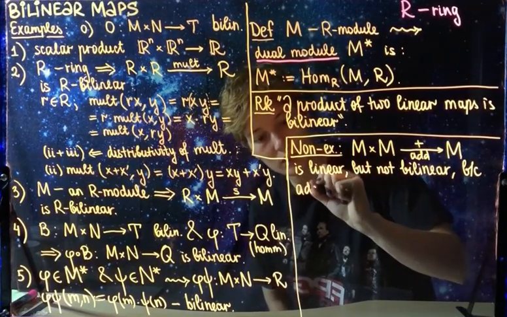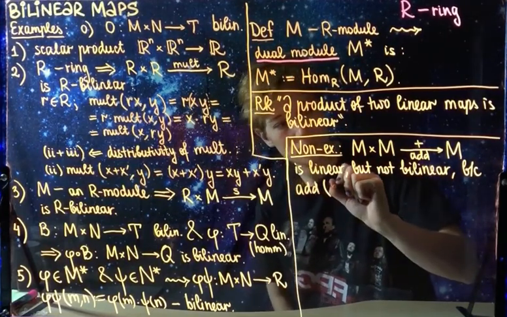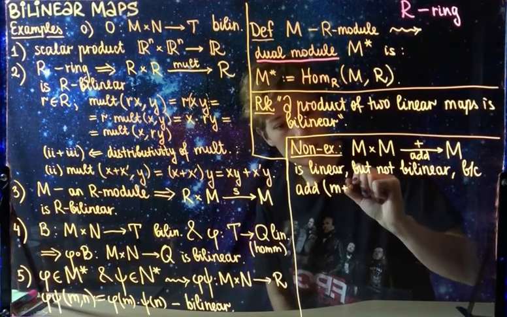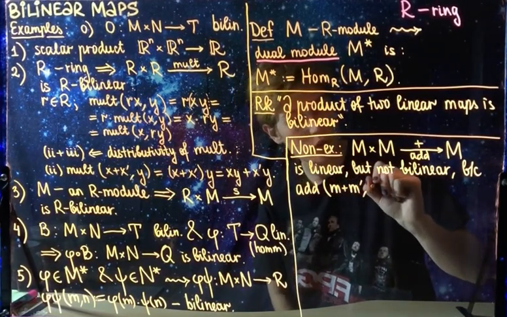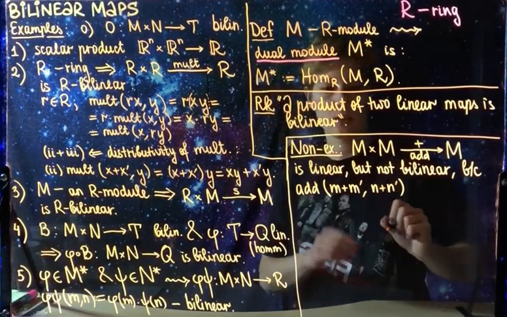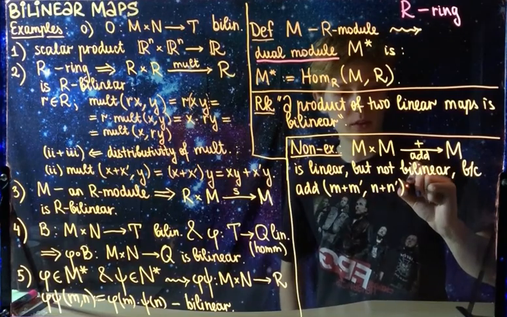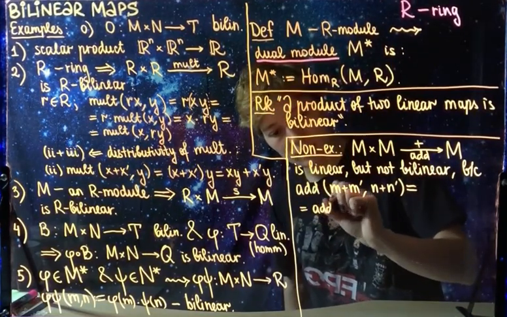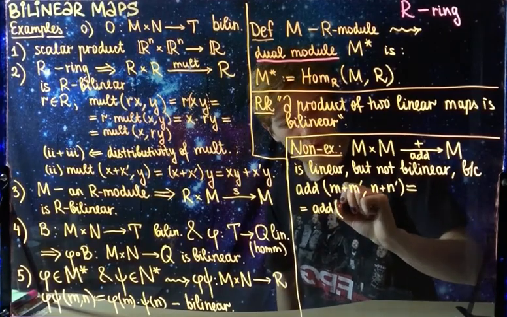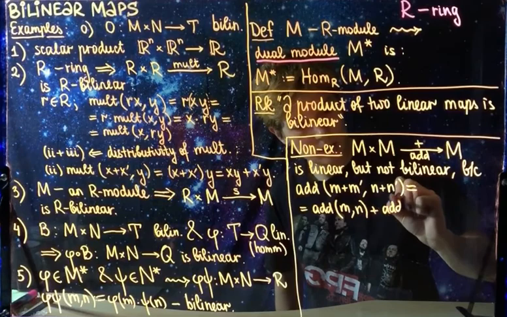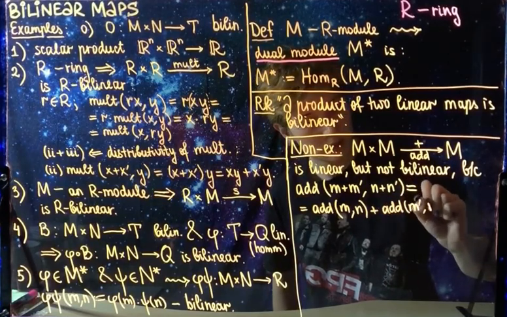if we consider add of (m plus m prime, comma n plus n prime), so we add all of those together, and it will be the same as adding the sum of m and n to the sum of m prime and n prime.